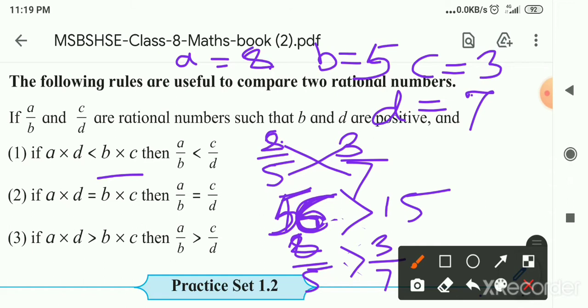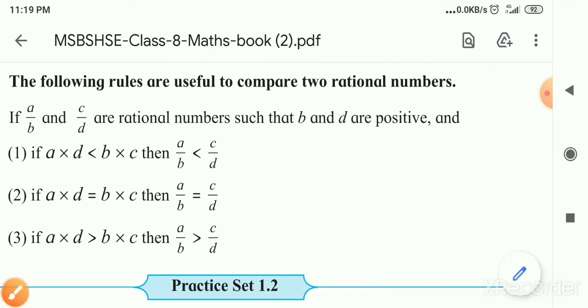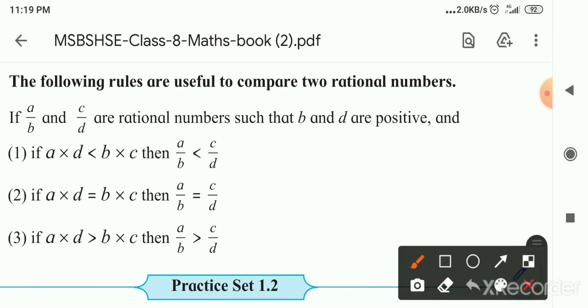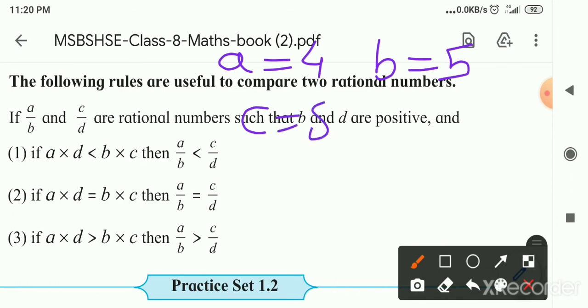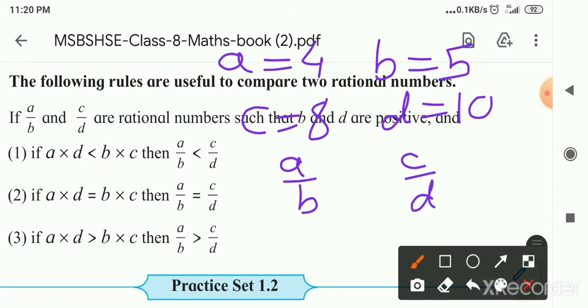Sometimes, suppose here I take a is equal to 4, b is equal to 5, c is equal to 8, and d is equal to 10. Now we have to compare a upon b and c upon d.